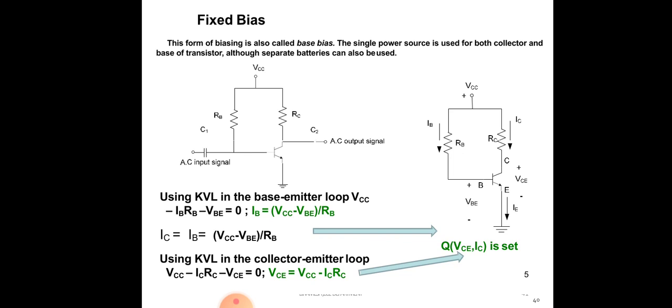So apply the KVL in the base-emitter loop. We get VCC minus IB RB minus VBE equal to 0.